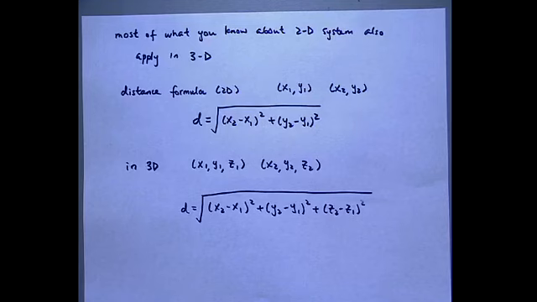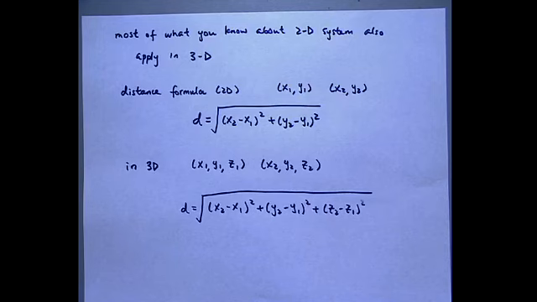And the center is at h, k, and we'll use L for the last one. The radius is still r. So here's another instance. You take what you already know in the two-dimensional world.